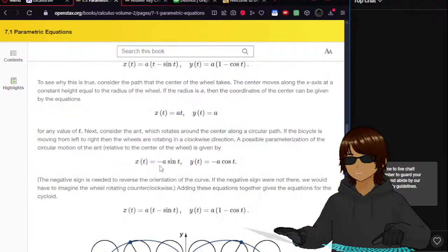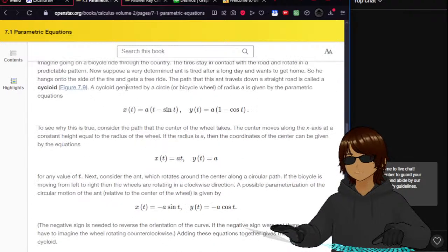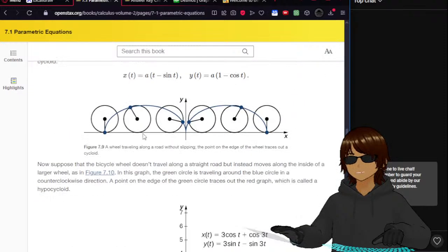Okay, right. A cycloid generated by a bicycle wheel of radius a is given by the parametric equations x of t is equal to a times t minus sine t, and y is equal to a times 1 minus cos t.